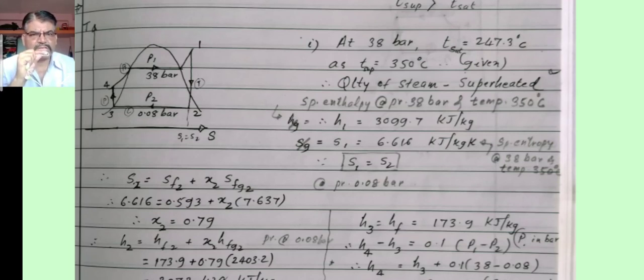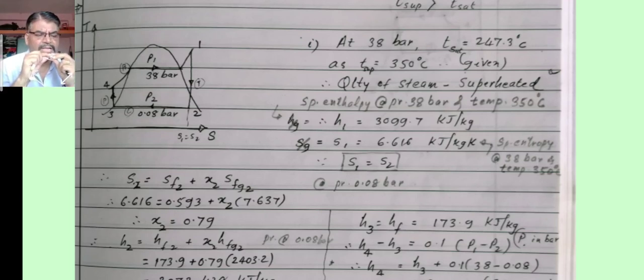So by crossing the wet region, the steam above the saturated temperature goes to the superheated condition. We compare the quality of superheat using T sup and T sat, that is, the superheated temperature and saturated temperature.